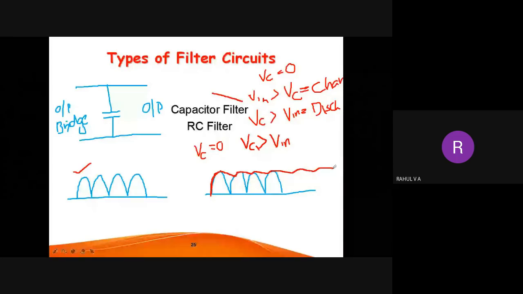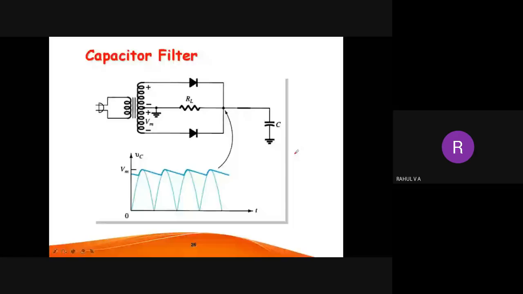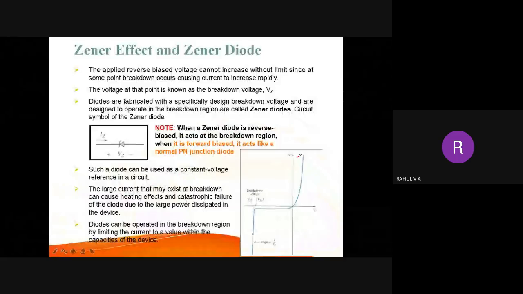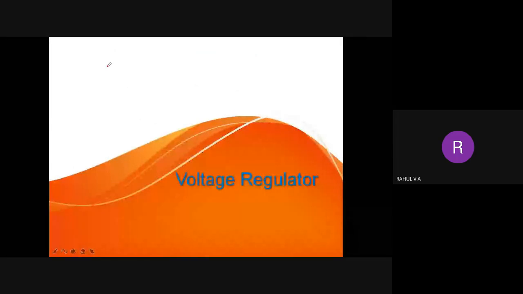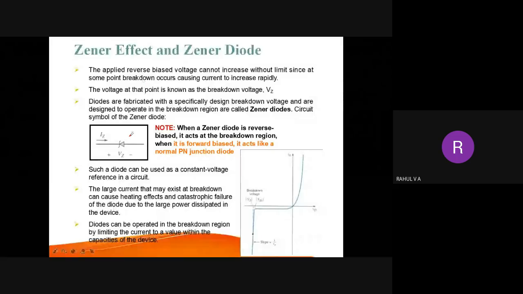Just a capacitor, nothing else. Now let me explain the voltage regulator circuit. In a voltage regulator circuit, we are using a component called a Zener diode. A Zener diode is a different kind of diode. You can see the symbol here.